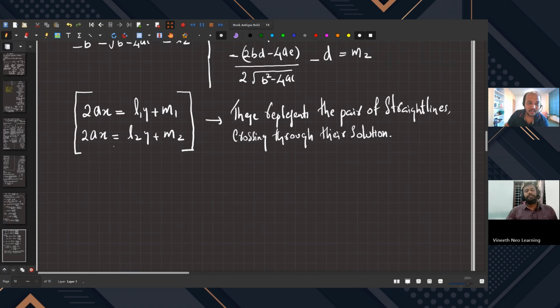Find the value of x from one term and substitute it into the other. At y equal to y0, which is actually equal to 2bde.